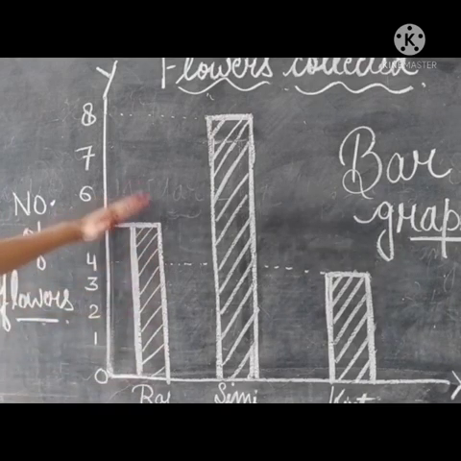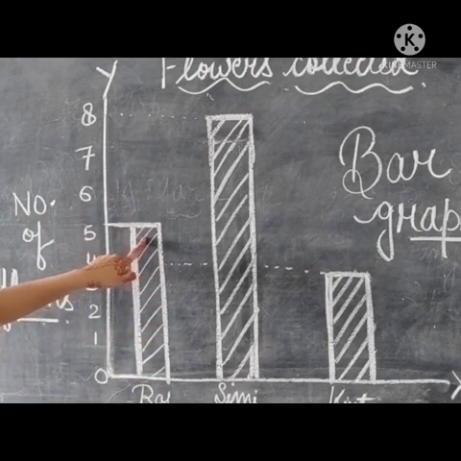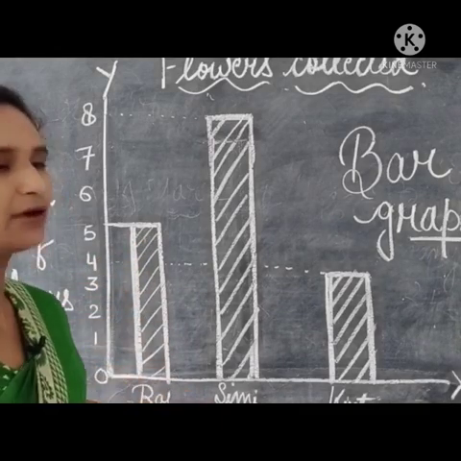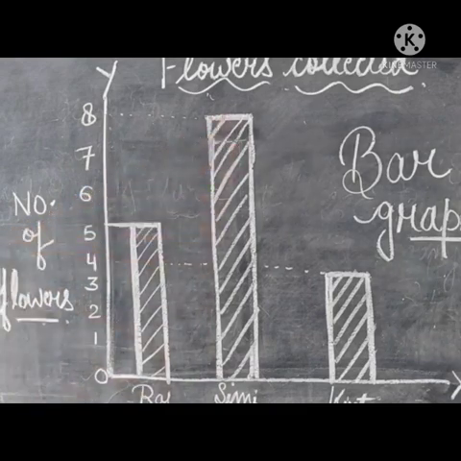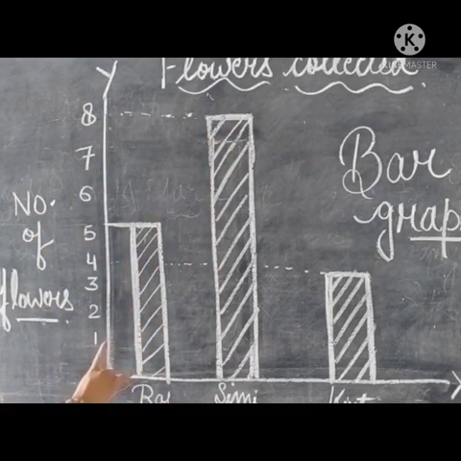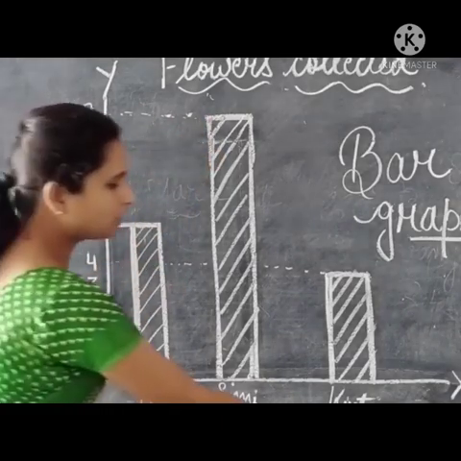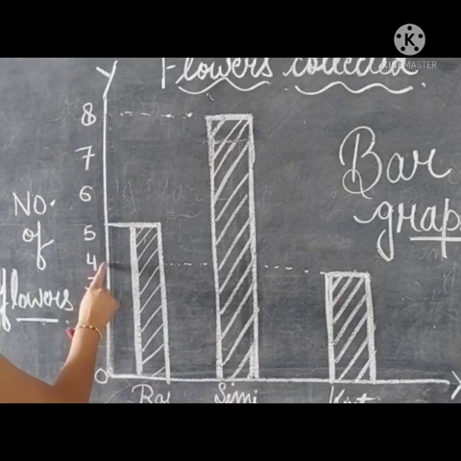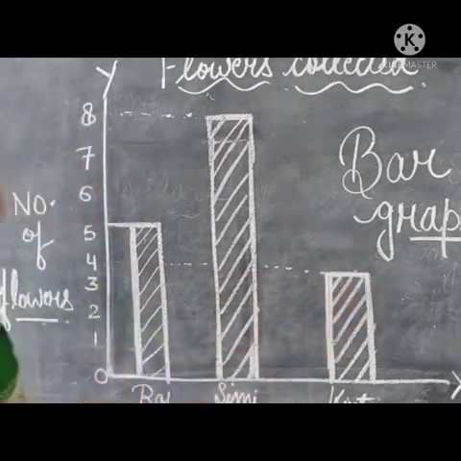That is the column for Raj, that he has collected 5 flowers. Then we have to make a column for Simi. Simi collected 8 flowers, so we have to mark up to 8 on the scale. Then how many flowers did Kirti collect? 4. So we have to mark up to 4 on the scale.